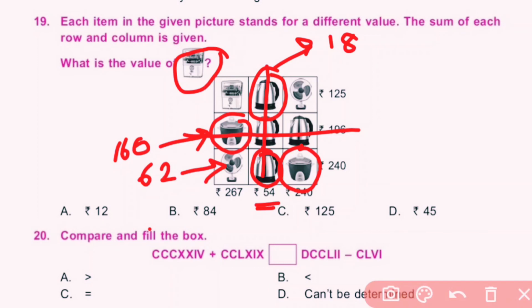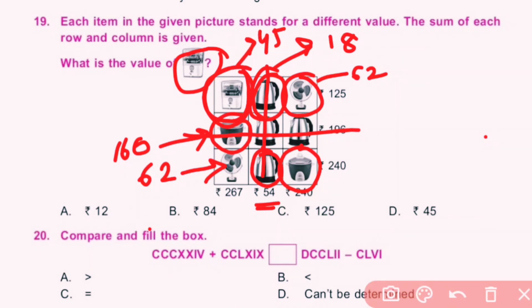Now the thermos is for 18. This fan is for 62. Then the cost of this? 18 plus 62 is 80. And the cost of this is 125 minus 80 is equal to 45. So D is the right answer.